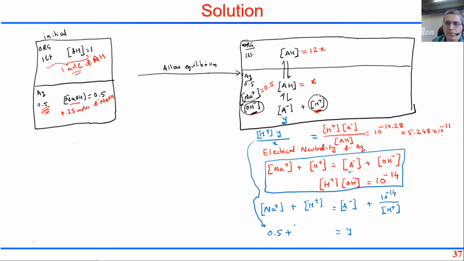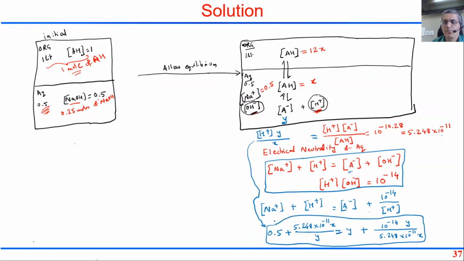H plus would be 5.248 into 10 raised to minus 11 into X divided by Y, and this would be 10 raised to minus 14 divided by H plus ion concentration. H plus ion concentration would be 5.248 into 10 raised to minus 11 X into Y. So I have a relationship now between X and Y, which is decided by ionic product of water.